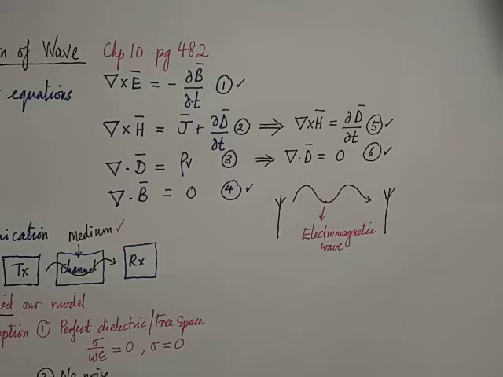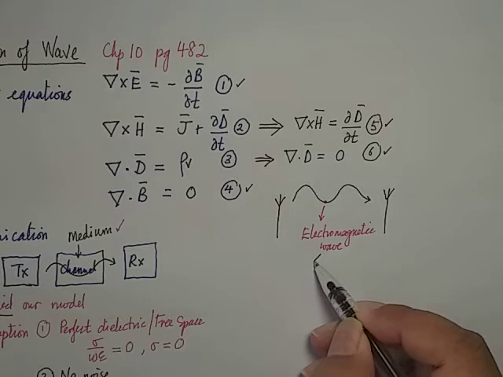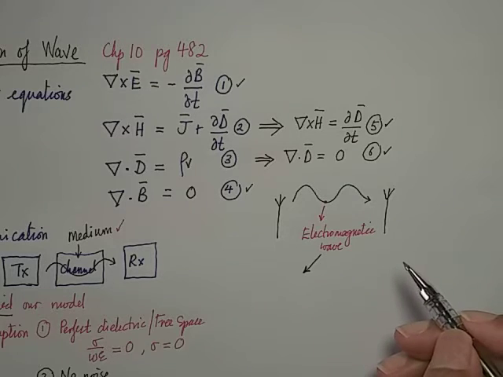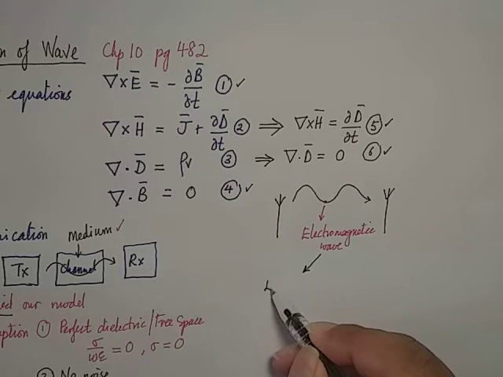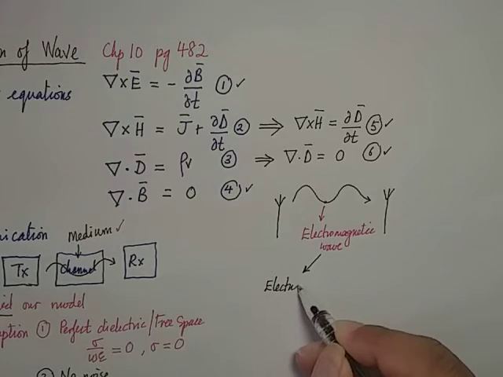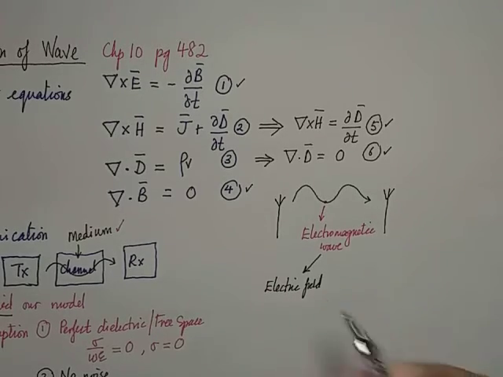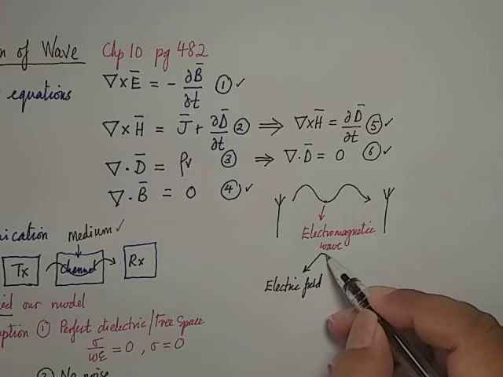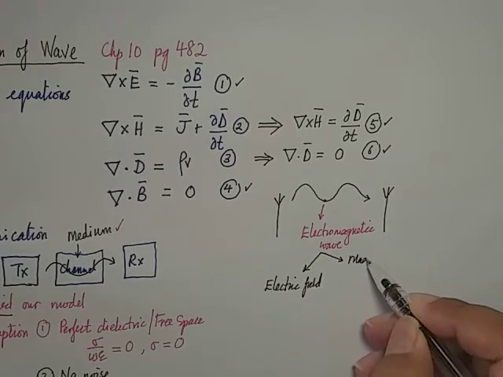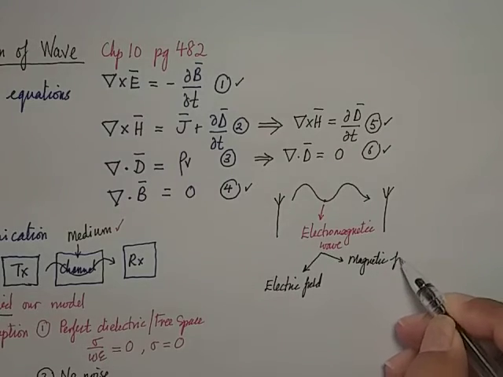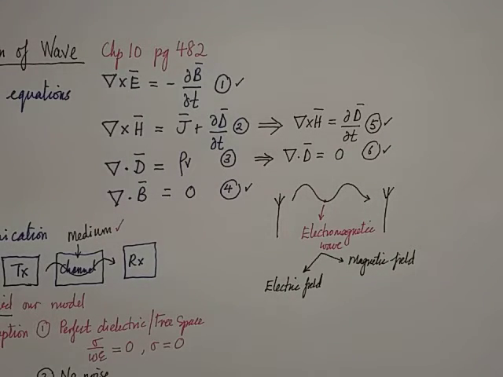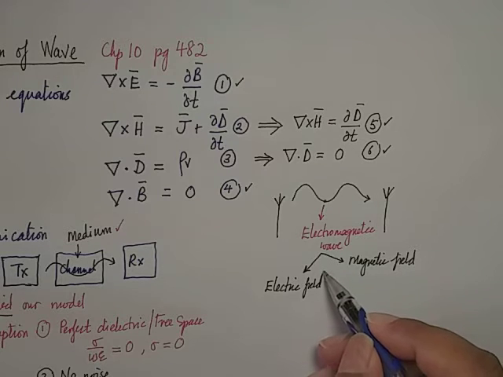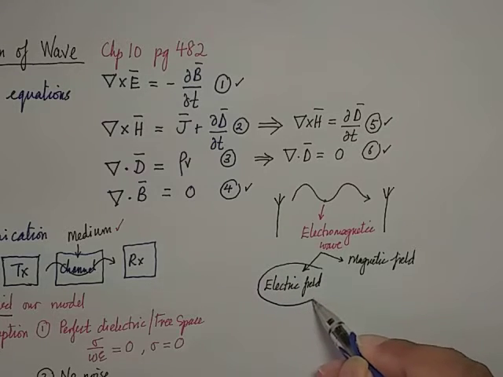And from our discussion that we had before, whenever you have an electromagnetic wave, you will have 2 different components of field, known as the electric field. At the same time, we're going to have as well the magnetic field. Okay, so what I'm going to do here is propose a method to develop the model of this field.